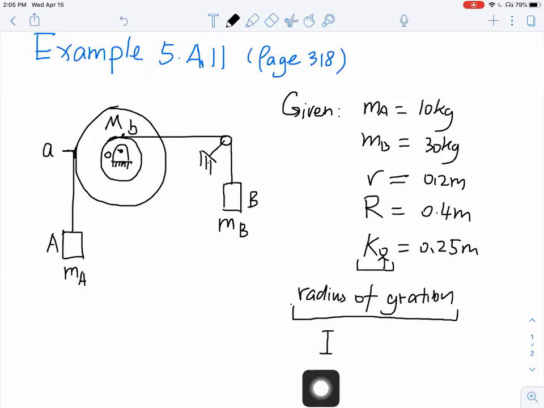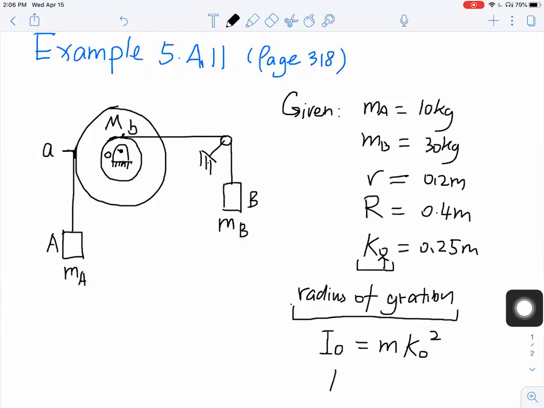So let's follow that. The corresponding IO, which is the mass moment of inertia about point O, equals M times KO squared. So this KO is the radius of gyration. As long as you know this KO, you're able to use the mass times KO squared to find the moment of inertia at that point.